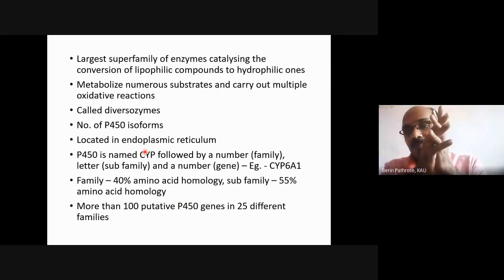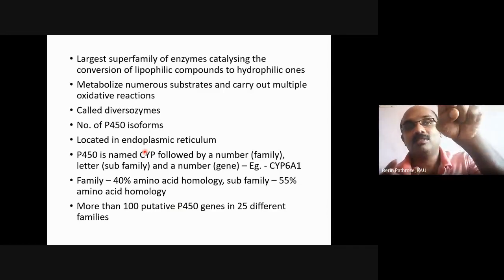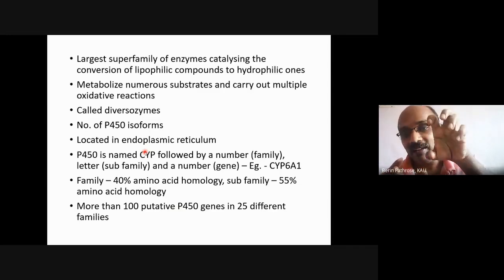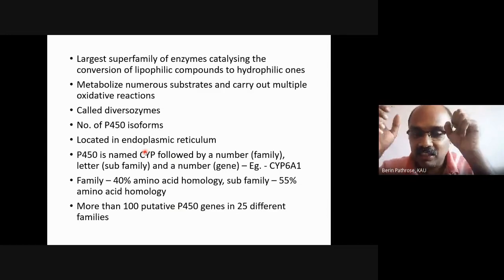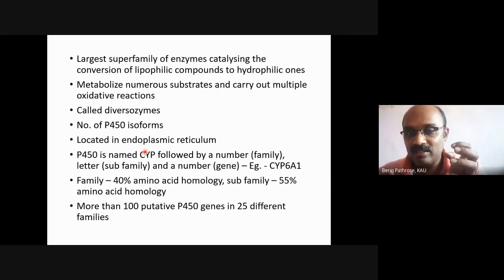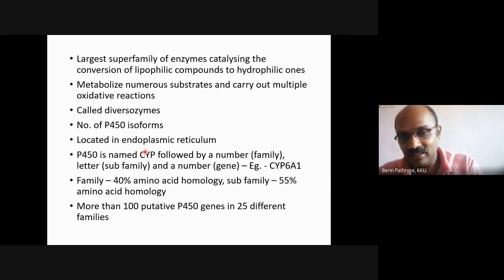If we have one cytochrome P450 enzyme, say A, and another enzyme B, and both have 40% amino acid similarity, both will be categorized into one family. Each family will be given a number.